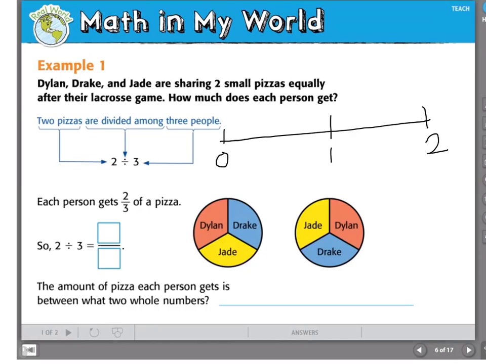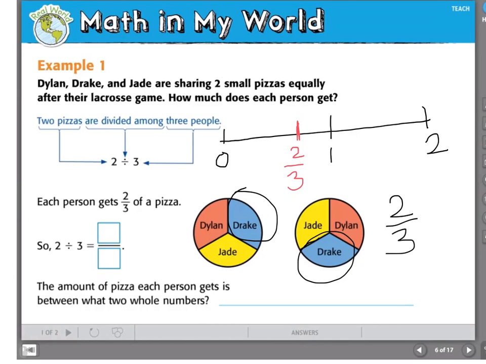And I wanted to know, well, how much pizza did Drake get? We know already that he got 2/3 of a pizza. 2/3 of a pizza is less than 1 whole pizza. 2/3 of a pizza would be about right here.